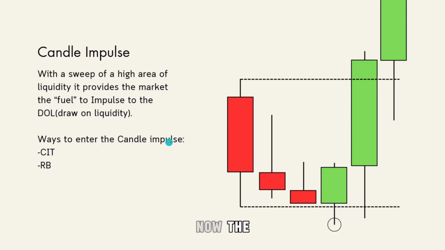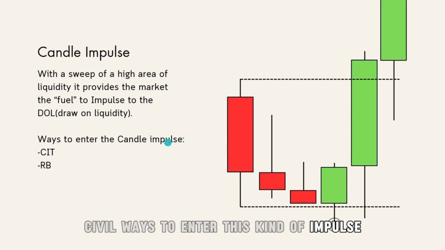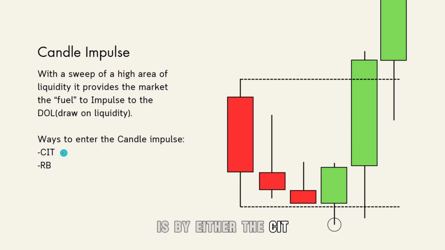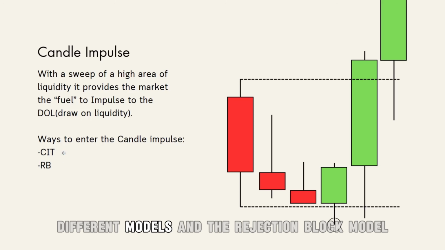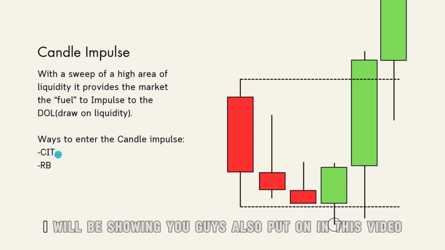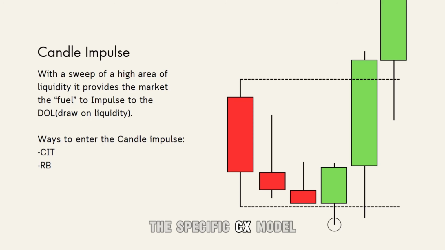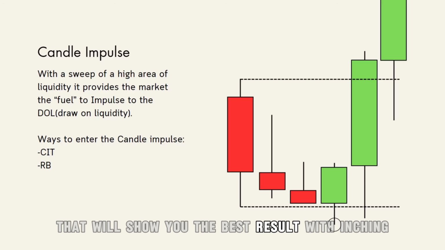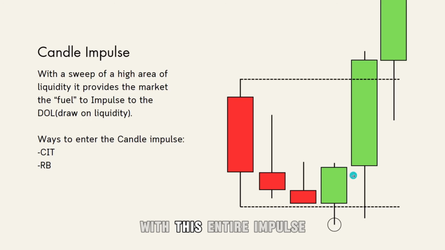Now, the several ways to enter this candle impulse is by either the CIT different models and the rejection block model. I will be showing you guys also further on in this video the specific CIT model that will show you the best results with entering with this entire impulse.